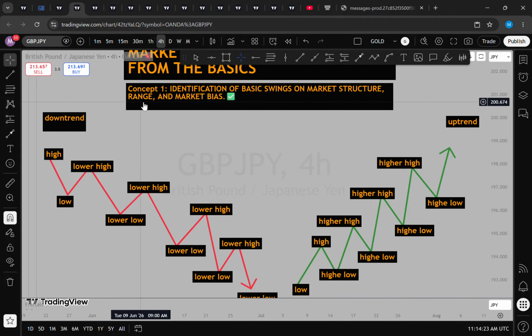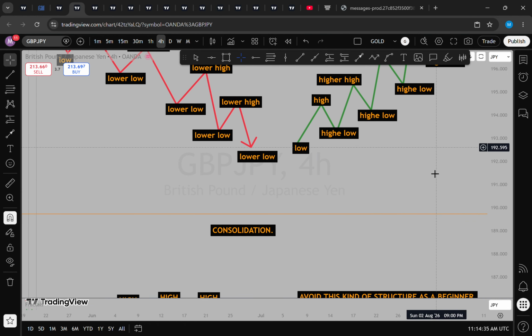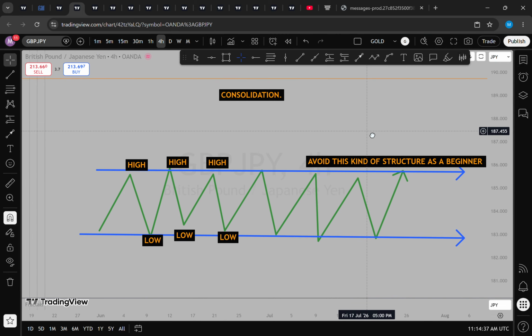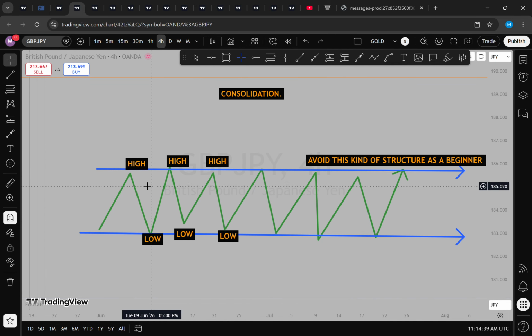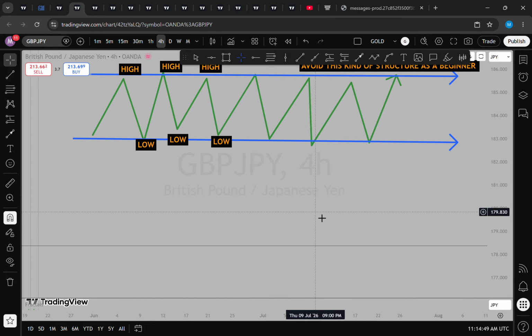Then we've learned the range, then the market bias. Here is a downtrend, here is an uptrend. I also told us about consolidation, where you have a series of highs and a series of lows. As a beginner, just avoid it. Then I also talked about the range.